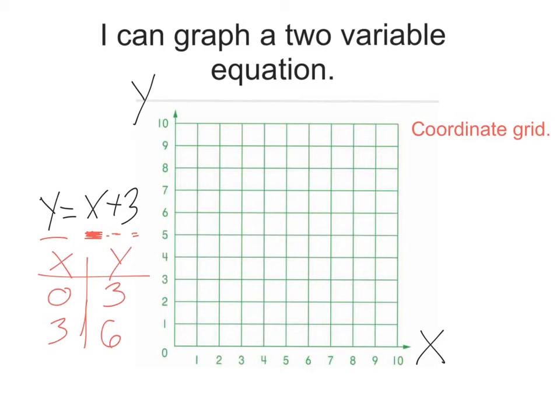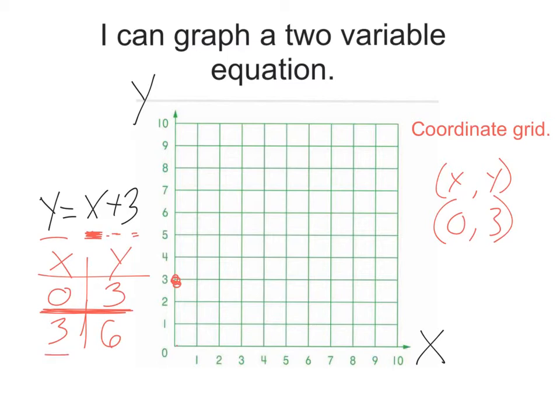Let's first plot 0, 3. I could write that as this ordered pair right here. This is x and this is y. So this says 0, 3, just like on the left side here. 0, 3 would be x is 0 and y is 3. So I would start here, x is 0, go up to 3, y is 3, and I would plot a point there.